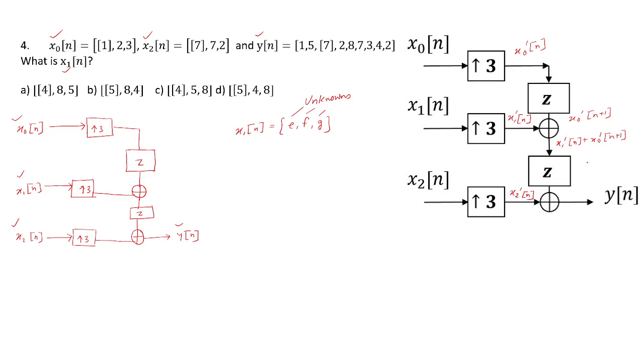After passing through another unit of advance operator, we obtain here x1 dash of n plus 1 plus x0 dash of n plus 2, and we already have x2 dash of n here, so we obtain y of n as x0 dash of n plus 2 plus x1 dash of n plus 1 plus x2 dash of n.